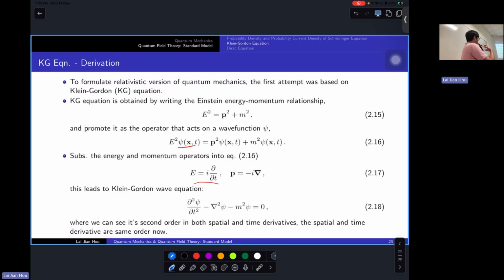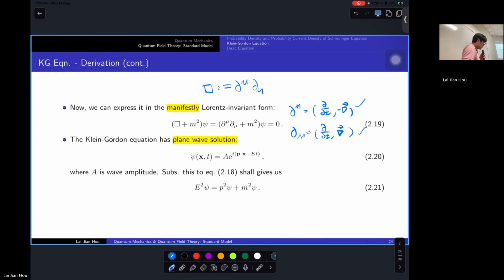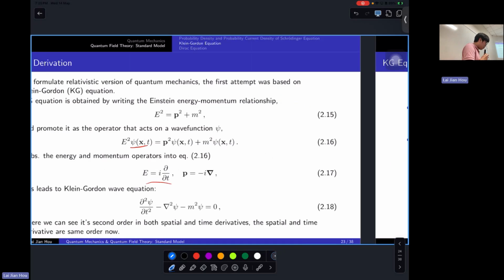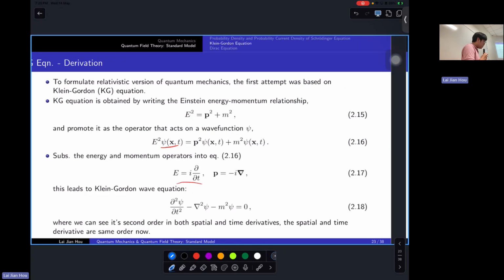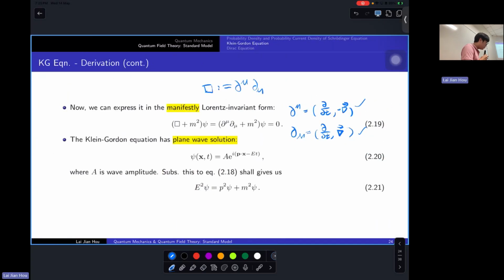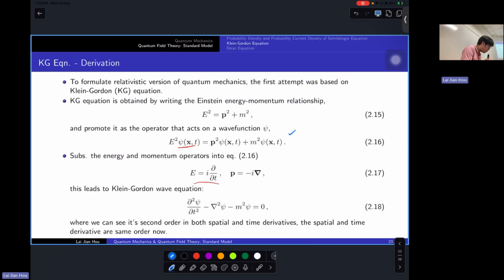And we can check this solution. When we substitute it back into equation 2.18, the Klein-Gordon equation, it satisfies the equation square psi equals p squared psi plus m squared psi, which we assumed in the front part here.